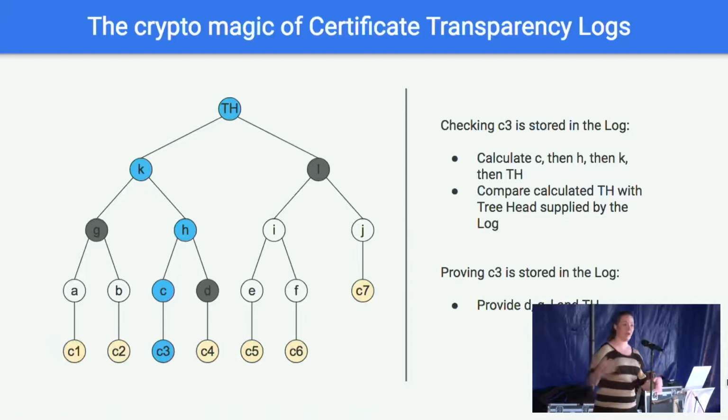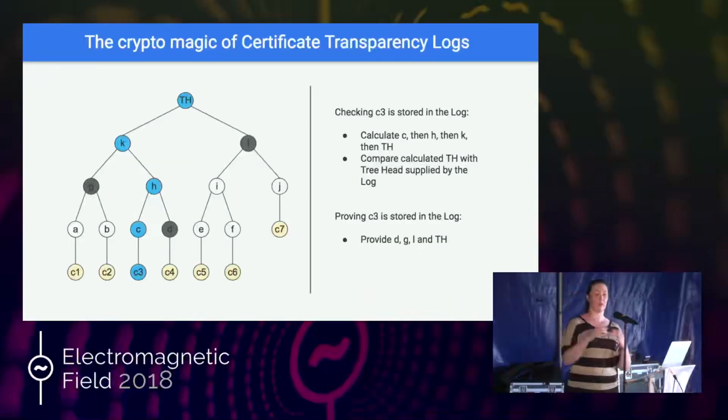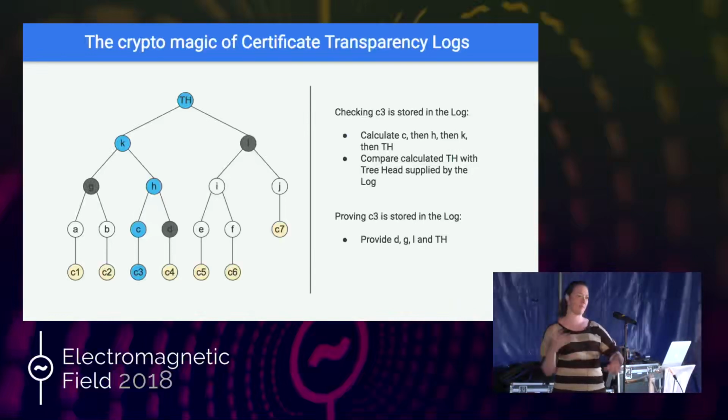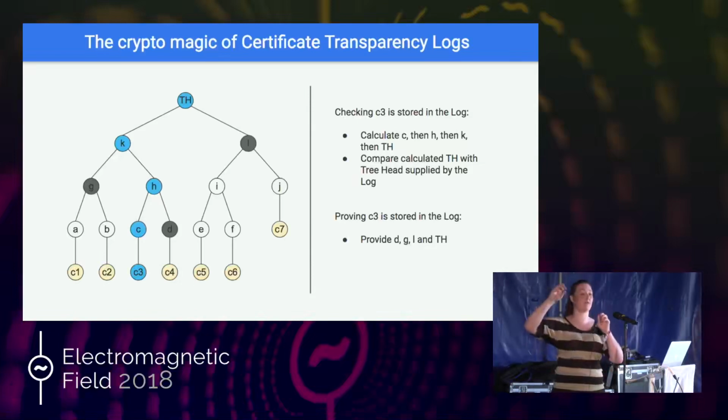Now, as a CT log grows, as more certificates are added to it, this internal Merkle tree is going to grow as well. And so the tree head, the root of the tree, is going to change. The value of it is going to change. And so there's a second proof mechanism that's similar to this one, but a bit more complicated, that I'm not going to go over right now, for time, that proves that given 2 of these tree heads, they're consistent.